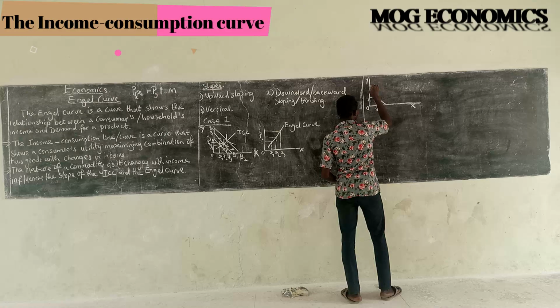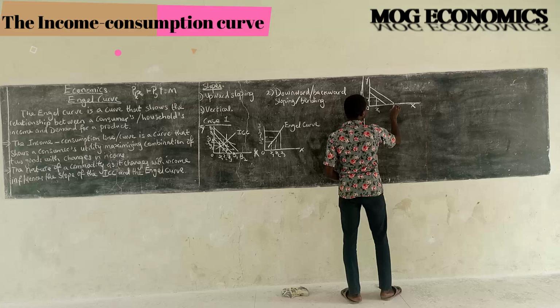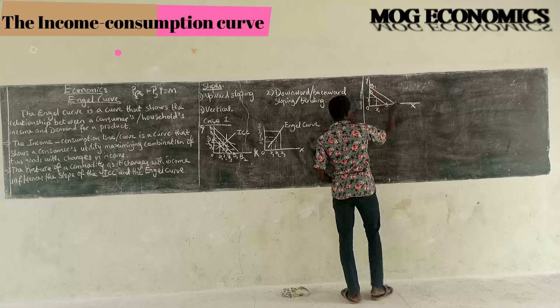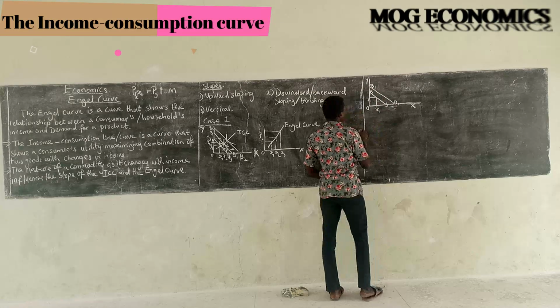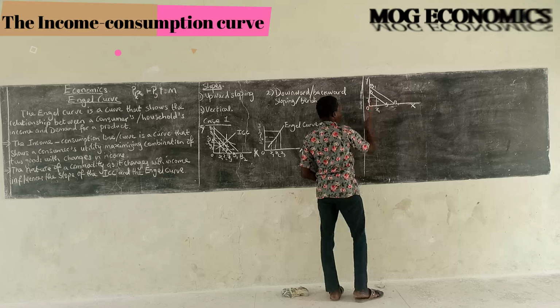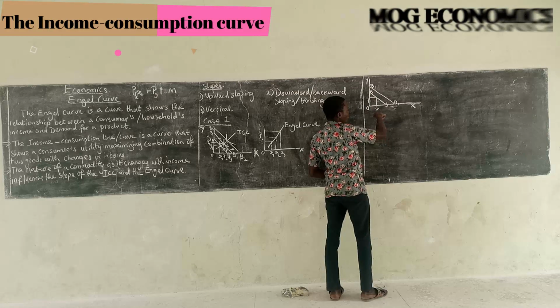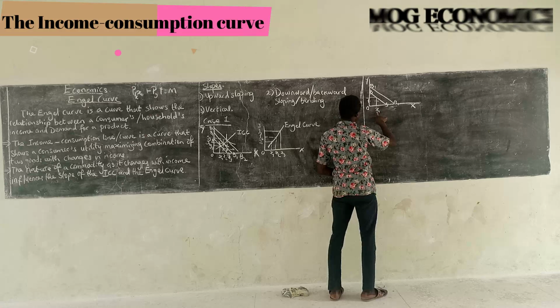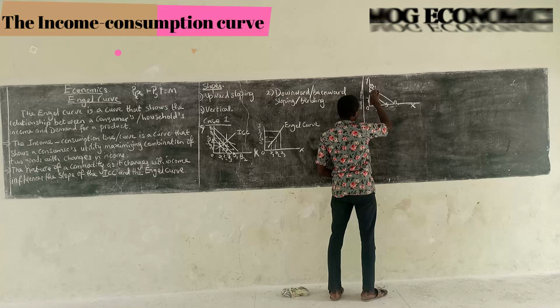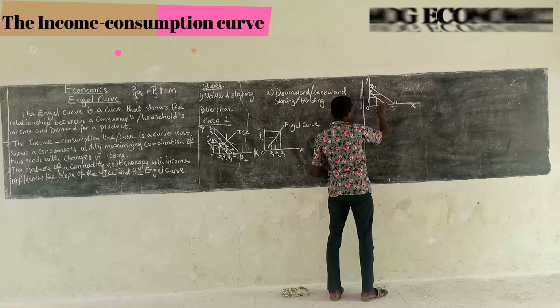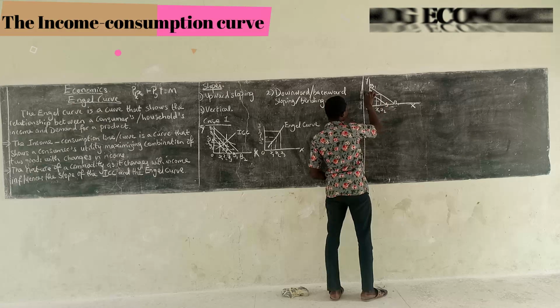You begin to consume, okay, this is the first budget line, B, and you have B1, B1. Because this is a necessity, when your income increases, you'll be consuming more of X, right? But there is something that needs to happen. You consume X like this, let's say here, X2. This is Y2.